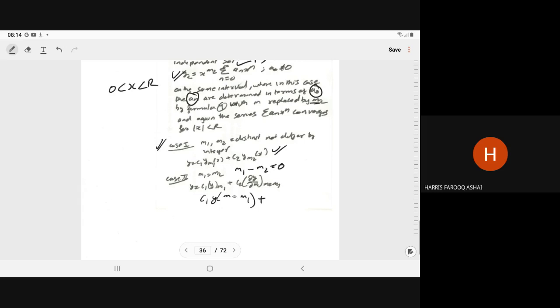We compute the second linearly independent solution by taking the partial derivative of the solution y with respect to m, for m equal to m1. This is not a Frobenius series solution; it is only the linearly independent solution.